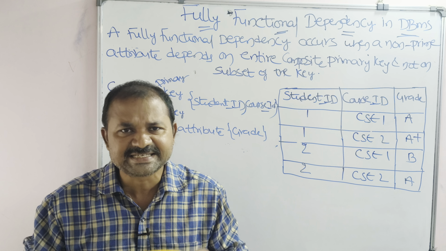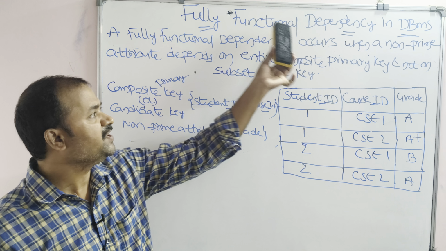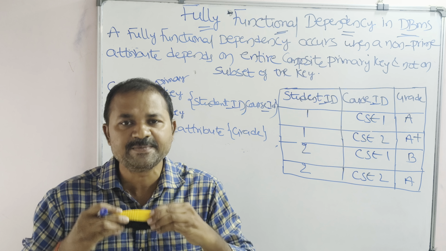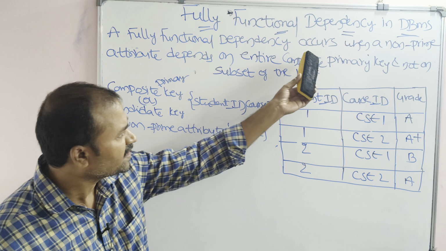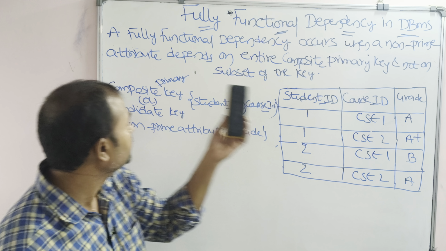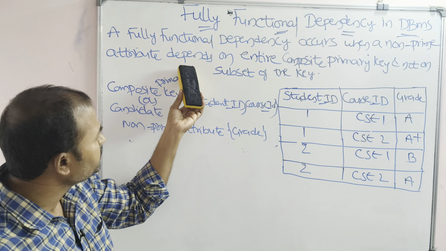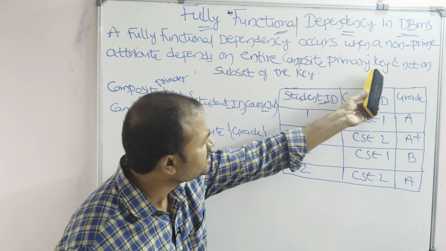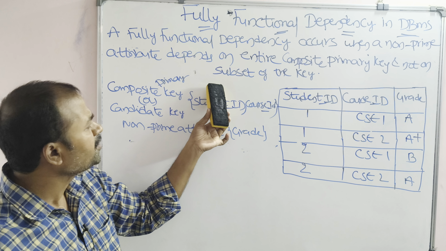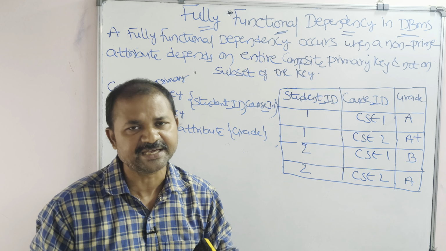Now let us discuss fully functional dependency in DBMS. A fully functional dependency occurs when a non-prime attribute depends on the entire composite primary key and not on a subset of the key.